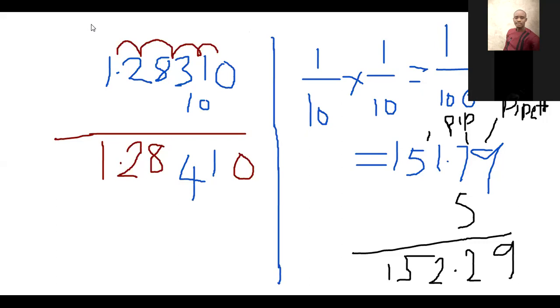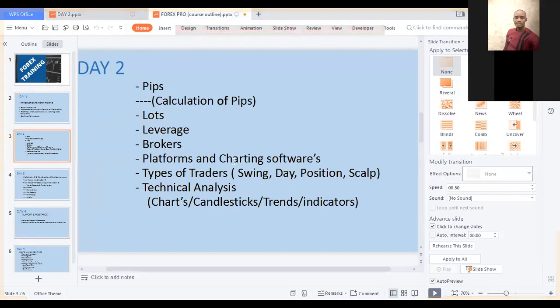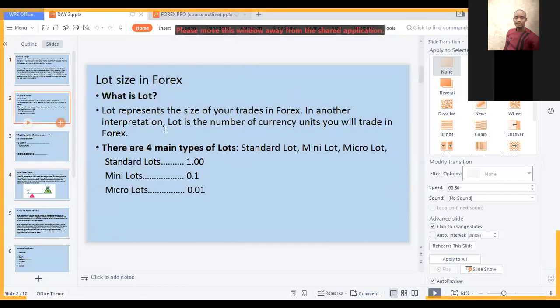Now, let us go to the other activities for today. The other activities for today are lots. What are lots? Lots represent the size of your trade in the forex market. In another interpretation, a lot is the number of currency units you will trade in the forex market.